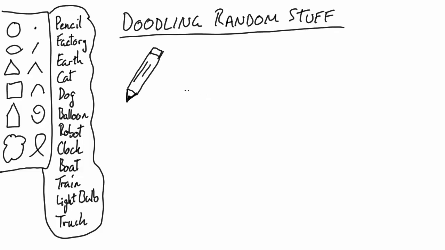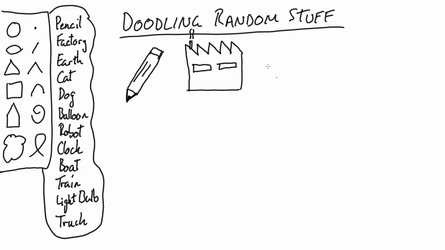And now let's doodle a factory. So a factory, we just start with a line, and this is probably the trickiest part, kind of getting like this, down, down, down, down. So you kind of get the factory like that. Then you can get a little chimney, and then you can doodle some lines like that.